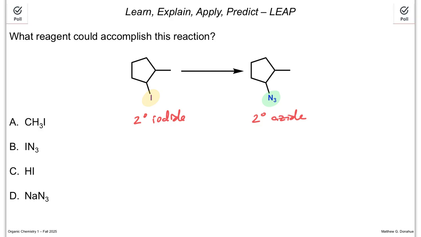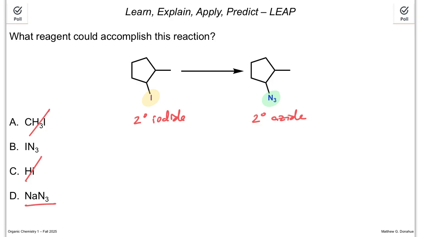So we know that iodine is a good leaving group. And so which reagent would be best to do this type of substitution? So sodium azide. So A and C are out, obviously, because there's no N3 at all.